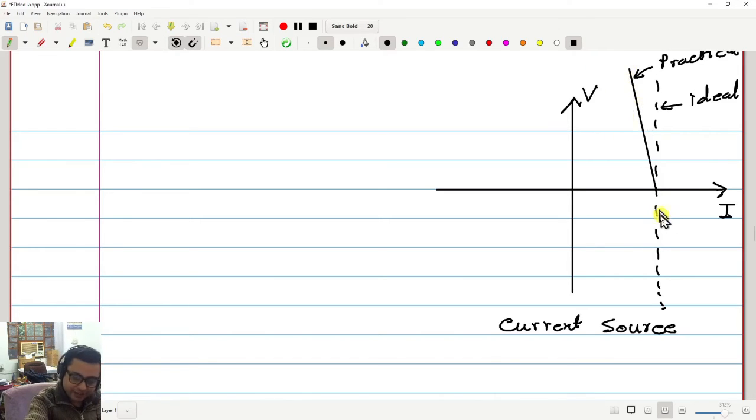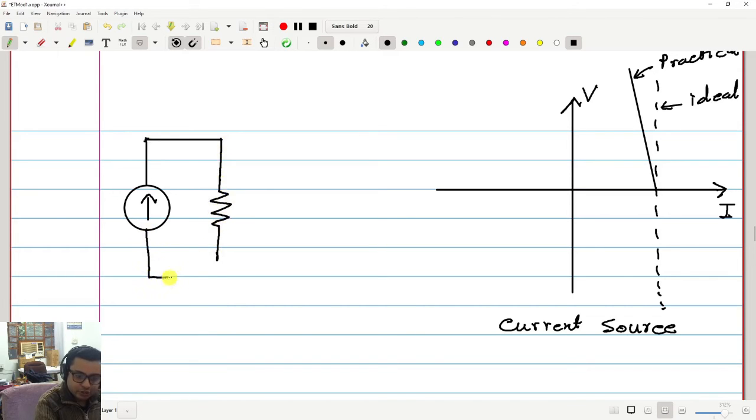How to model this fact? So we apply a resistance in parallel with the current source. Absolutely right. We will use a resistance, but not in series with the current source, because a series resistance will not work. You can try it at home. We have to use a resistance or conductance in parallel to the current source.